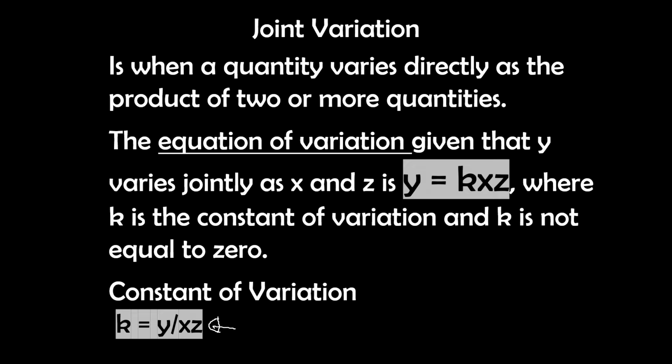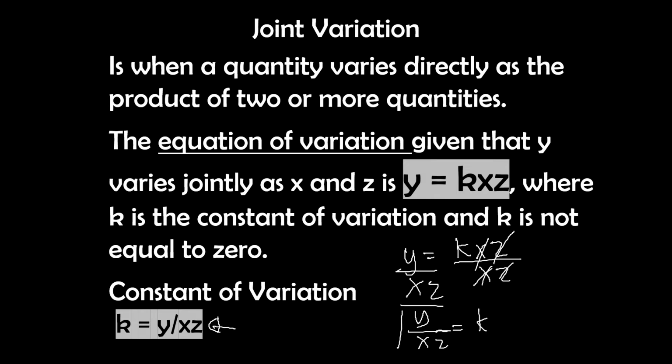So from our equation na y equals kxz, yung ginawa is we divide both sides by xz. Okay? So, makakancel yung x at saka yung z. So, yung maiwan is y over xz equals k. So, that's why ito yung naging formula or equation ng ating constant of variation. Okay?